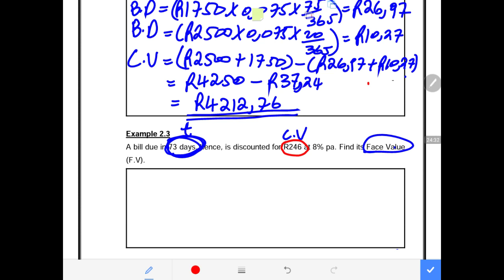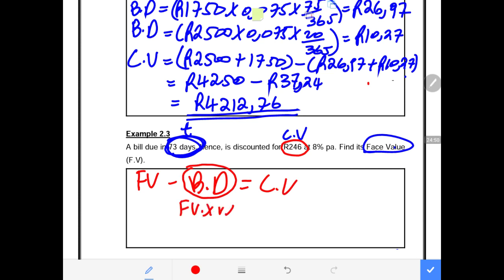Very easy. We say face value minus banker's discount is equal to cash value. Then you just expand how to calculate banker's discount. Banker's discount is equal to face value times rate times t.